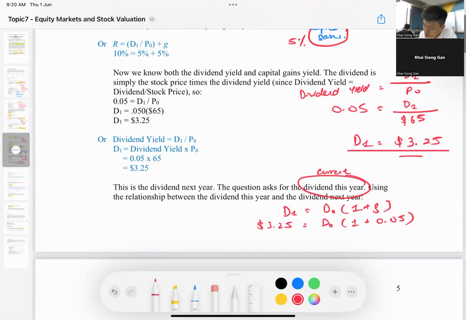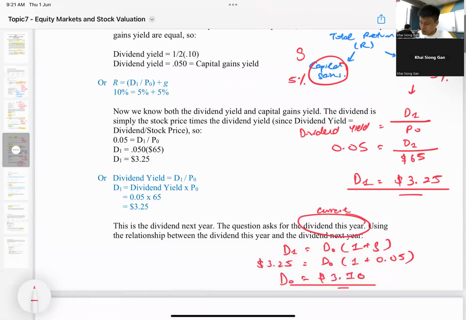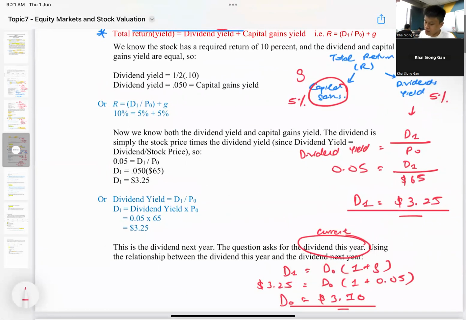Then you play around with the numbers and you will get D0 equals 3.1. Okay, let's move on to the next question.